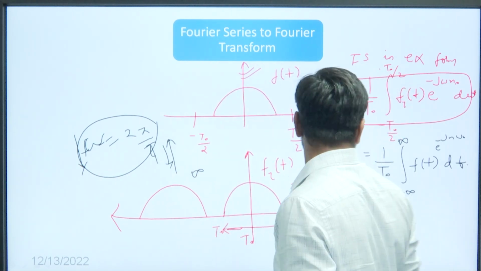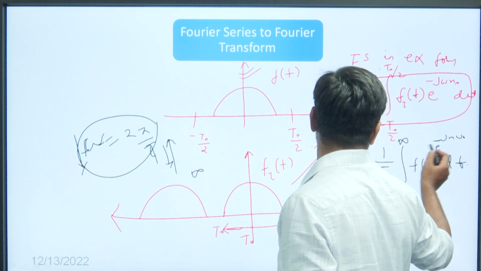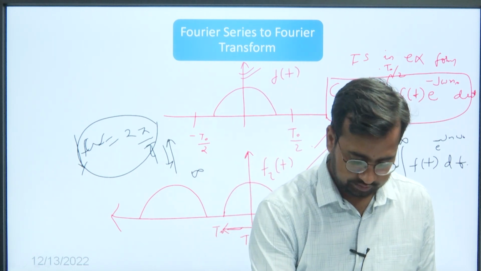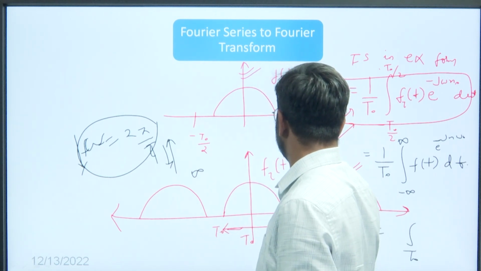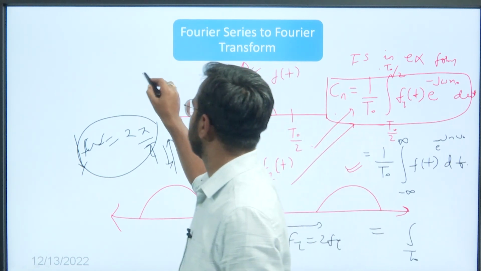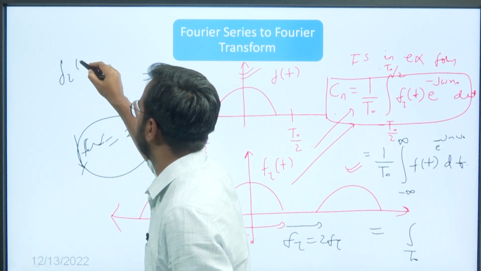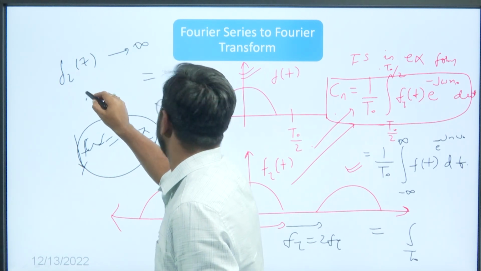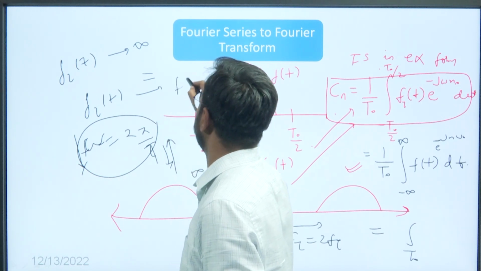this can be written as 1 minus j omega t n omega naught. So this is basically what we convert and write. These both things can be the same only in one case, that is, when f dash t is made f infinity, then we get the frequency same as f(t).